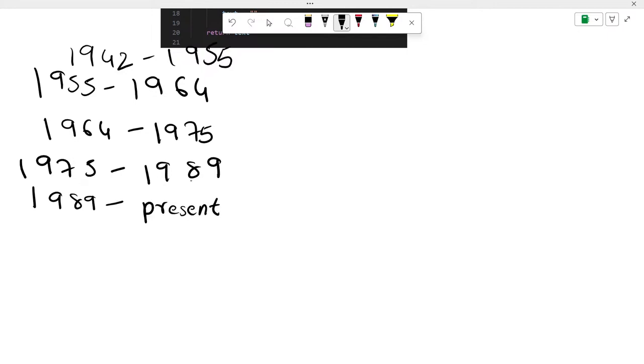What is the difference between these generations? I'm saying there are five generations of computers, but what's the difference between each? The main difference is the way the computers were made. In each generation, computers were made with different types of materials.